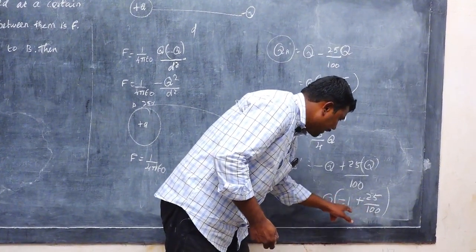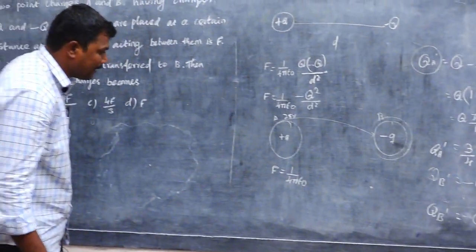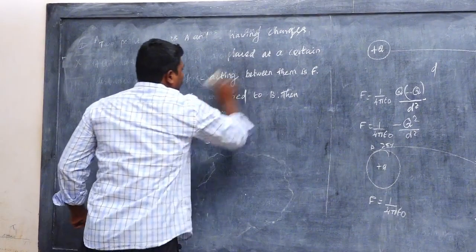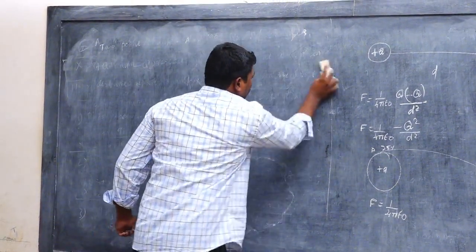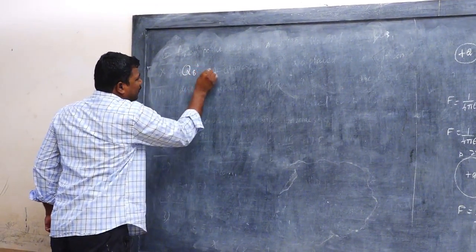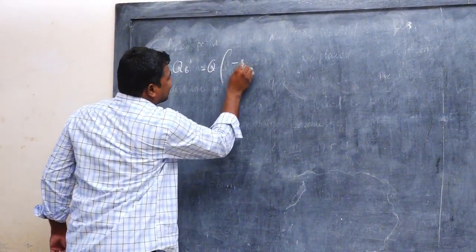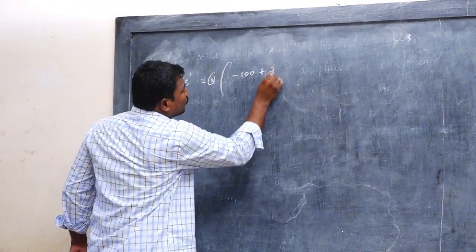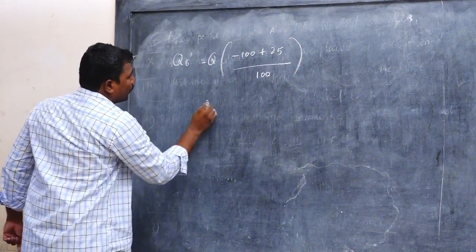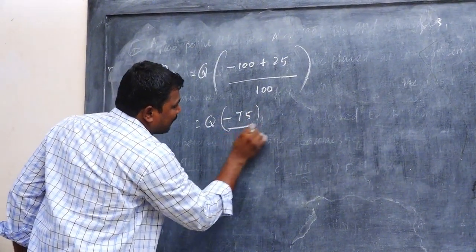That is minus 100 plus 25, minus 75 by 100, so Q into minus 75 divided by 100.